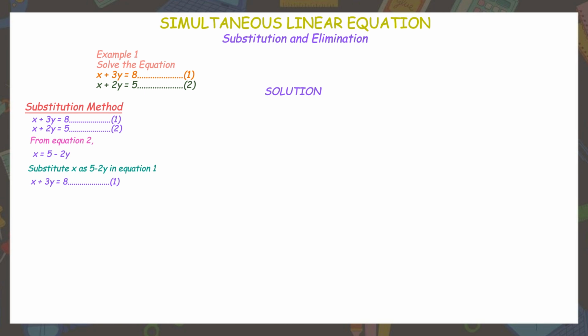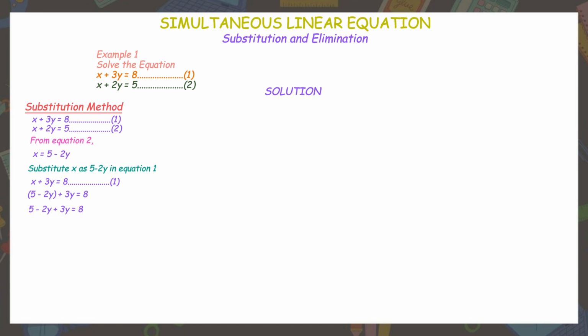Now if we substitute x as 5 minus 2y, that means we have 5 minus 2y in bracket plus 3y equal to 8. So if we open the bracket, we have 5 minus 2y plus 3y equal to 8.